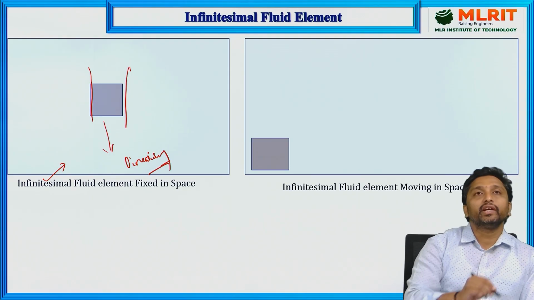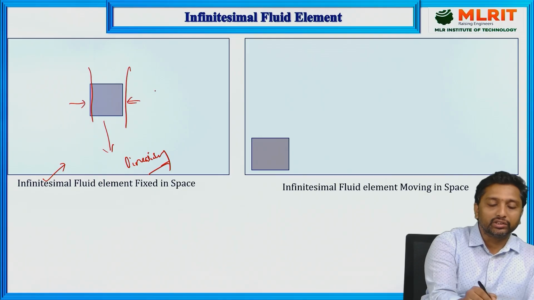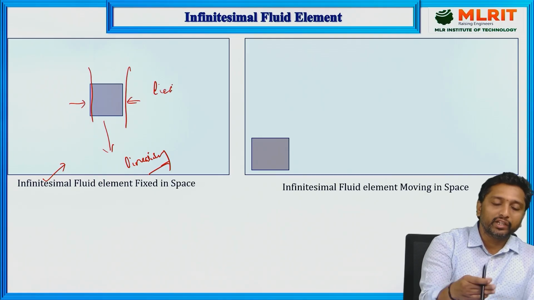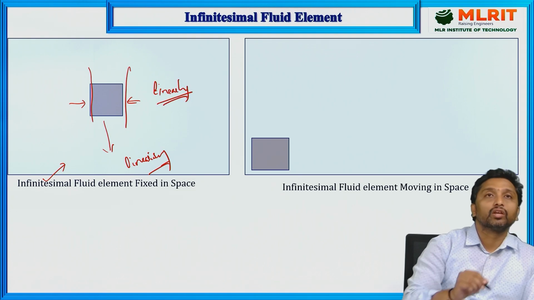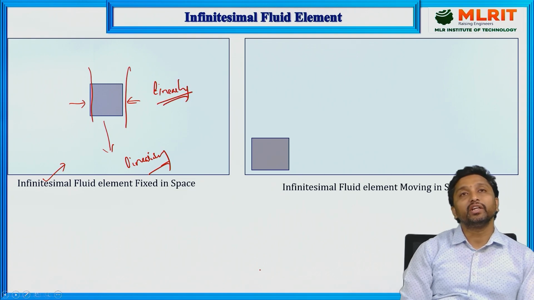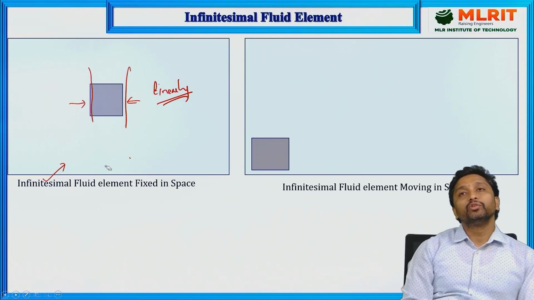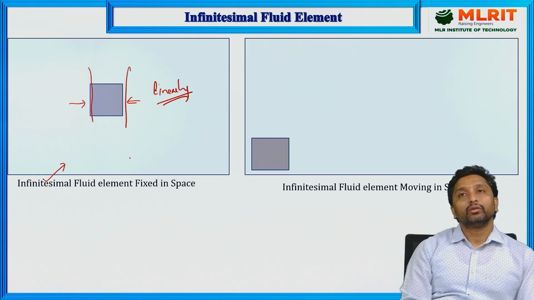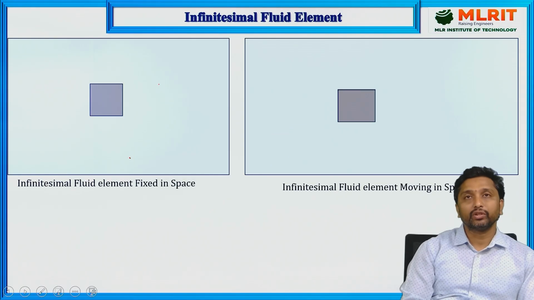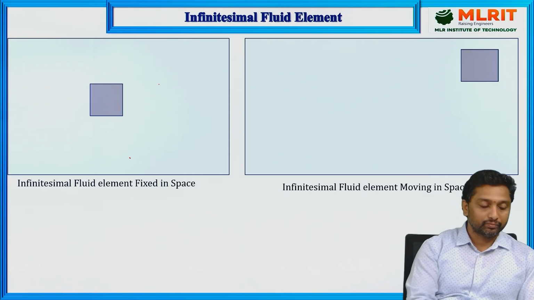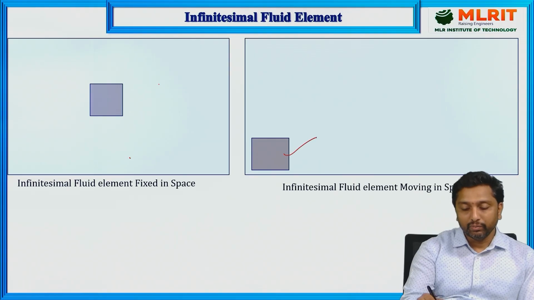The size of the infinitesimal element is so small that across this element we consider properties to vary linearly, thereby reducing the complexity of the mathematical model. The other one is the element moving in space. You can see how it is moving. Along with the fluid, even this particle will be moving.